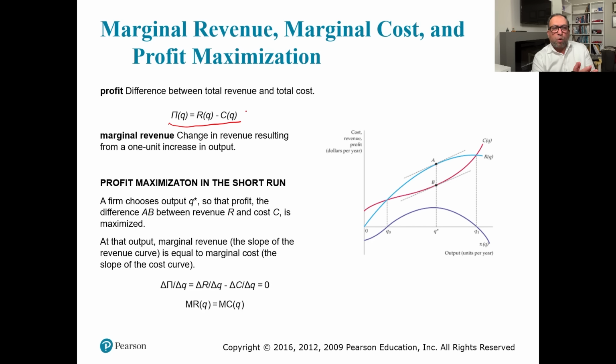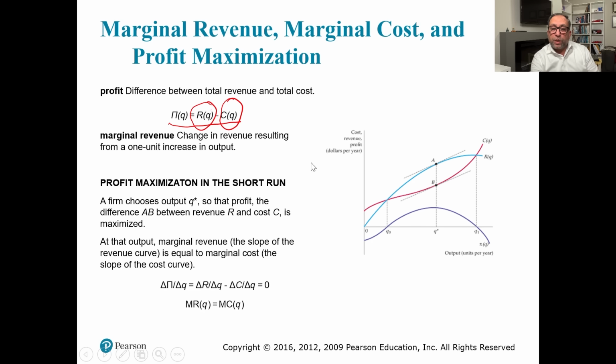So how can we write the profit function? The revenue function minus the cost function. So this one is the revenue function and this one is the cost function. Revenue minus cost is always profit, and it is very simple in accounting as well. We calculate the profit by subtracting cost from the revenue.